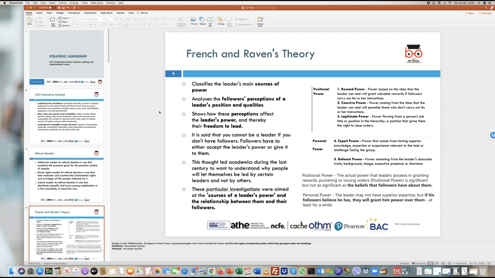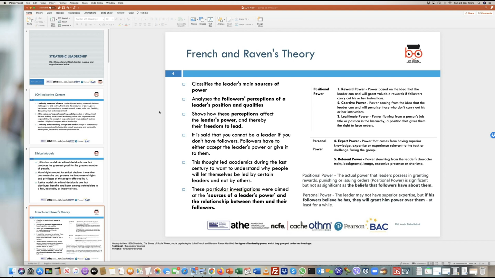This theory of power and influence was later refined, and the powers were divided into two types: positional power and personal power. Personal power is primarily because of the traits and skills that you have, and positional power is power that comes directly from the position, authority, or title that you have in the organization.